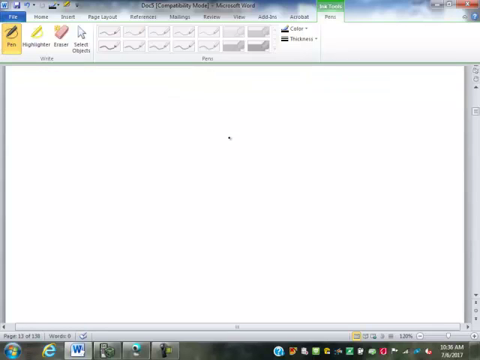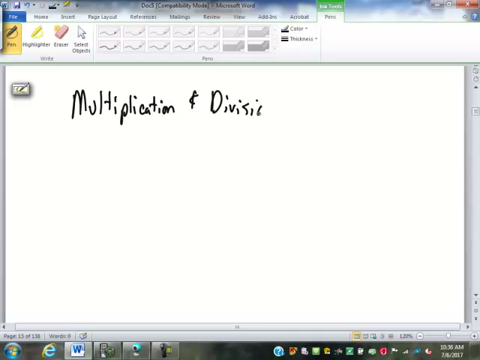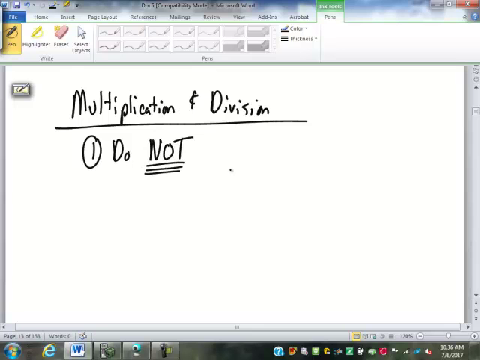Neat. Okay. So our next step: multiplying and dividing. Remember, when we multiply or divide, we do not need the same name.